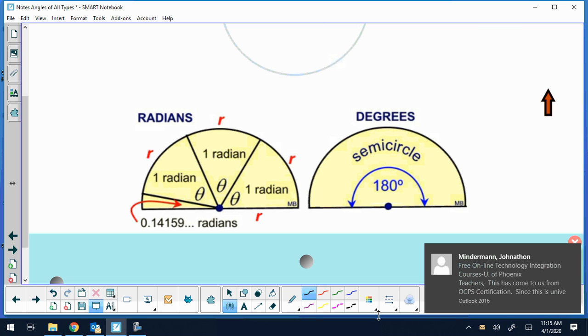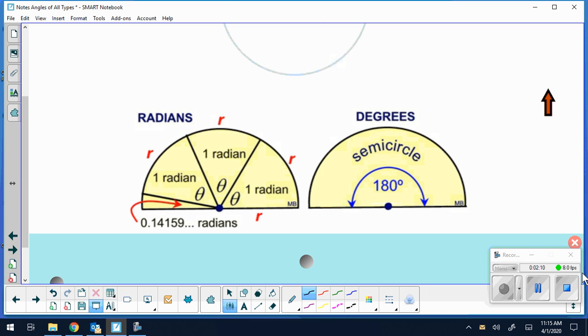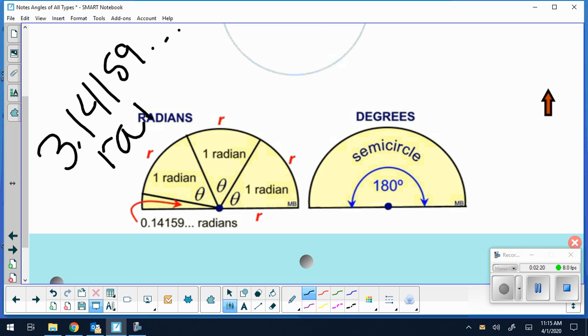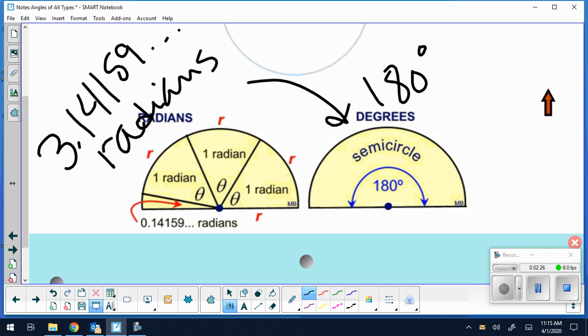So in other words, what we have is that 3.14159 radians is the same as 180 degrees.